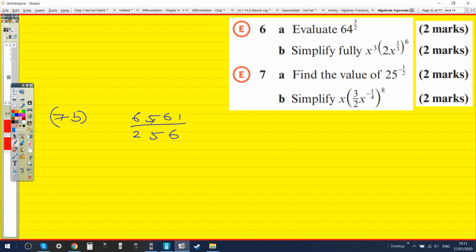Okay, and then x, and then to the power of minus 2. And then times that by x. And will I just get 6,561 over 256 times x to the power of minus 1 instead of minus 2?